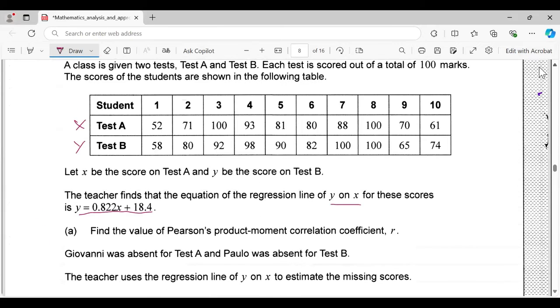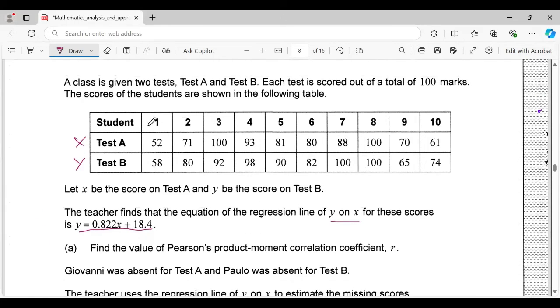For test A, that's the result: 52, 71, 100, and so on until 61. For test B, the results are 58, 80, 92, and so on until 74. These are X and Y.